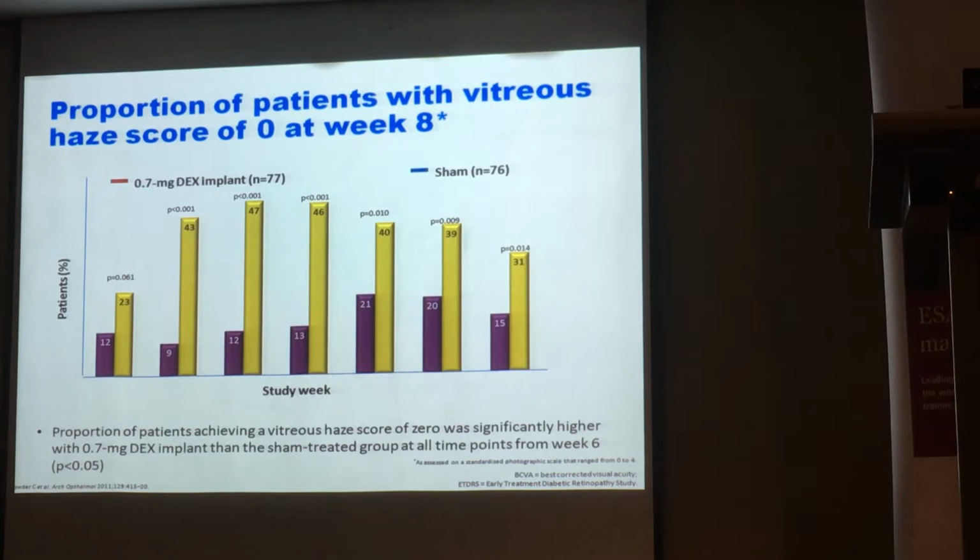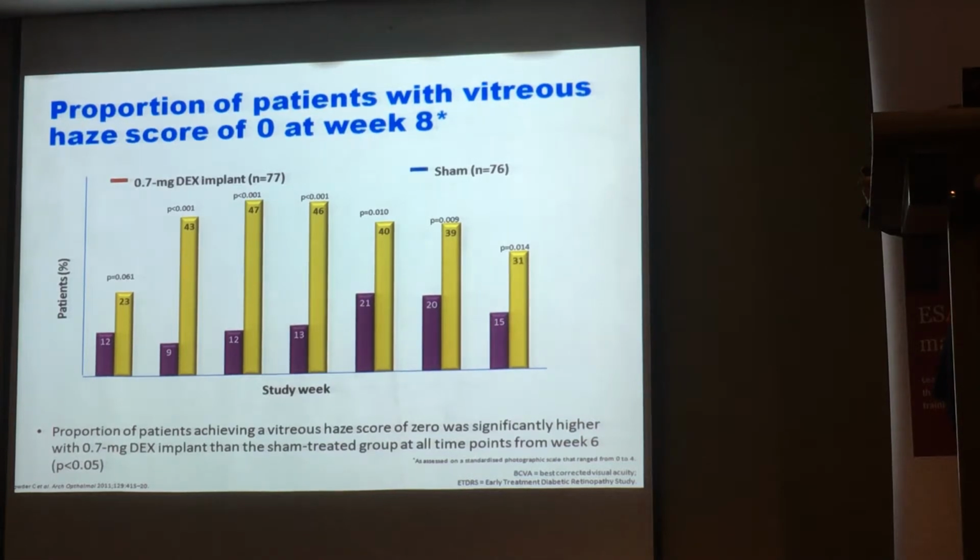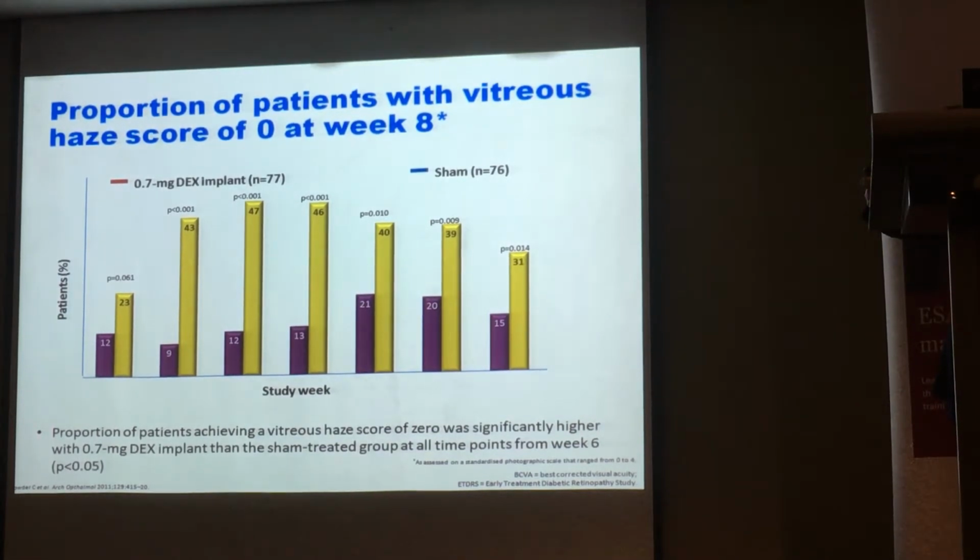So in uveitis, of course, the endpoints are different from DME. Right? Here you're looking at vitreous haze because all these patients had non-infectious posterior uveitis. I emphasize non-infectious because you're giving a steroid or any kind of immunosuppressive therapy in the eye. You have to be absolutely sure that you're not dealing with an infective agent.